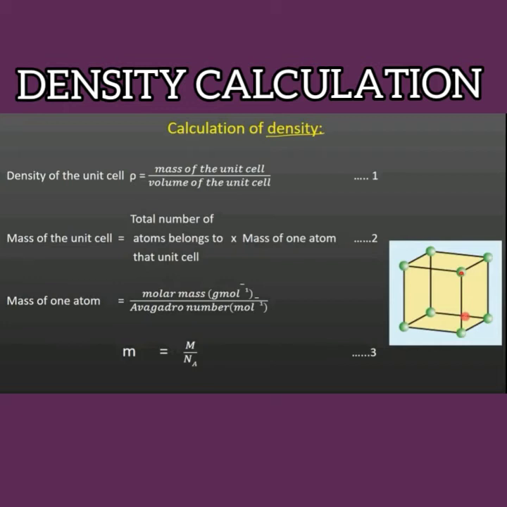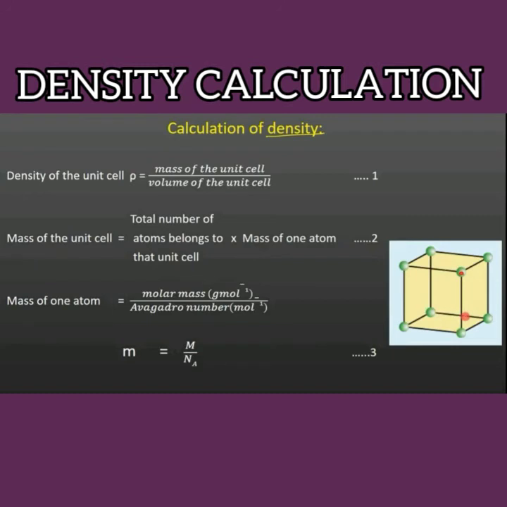A unit cell may be simple cubic, body centered or face centered, so how many atoms belong to that unit cell. For example, body centered means 2 atoms and face centered 4 atoms. Already we saw in the last video the total number of atoms per unit cell.